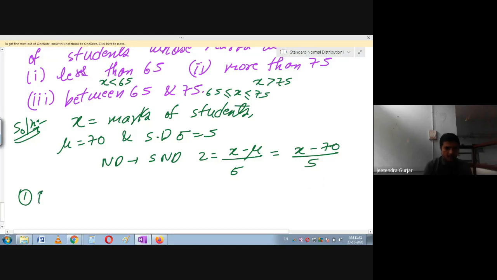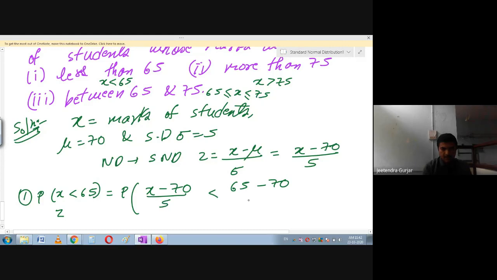I'm going to take the probability of x less than 65. Very simple. So again here x is there. Please remember, convert this to z, and respective values you are going to convert. So I'll make it very simple. I will take this x, I will subtract 70 on both the sides. Here it is 65, therefore I'll subtract 70 on both the sides.